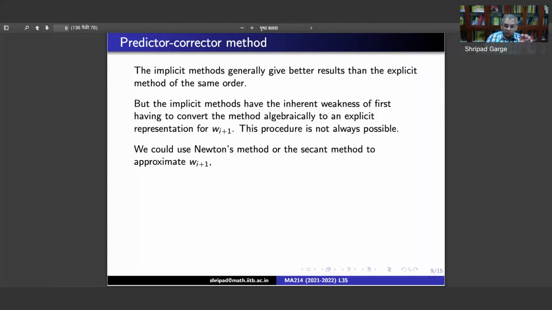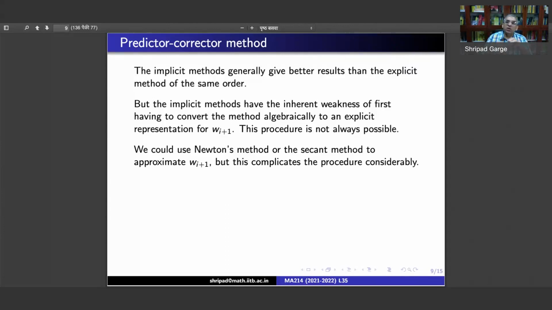So you may do this, but it will further complicate the procedure considerably, because already you have an approximate wi, you have an approximate wi minus 1, and so on up to w1. w0 might be correct, but up to w1 you have approximate values. You are going to get an equation for the approximate wi plus 1, and even for that equation you will only solve some approximate value.